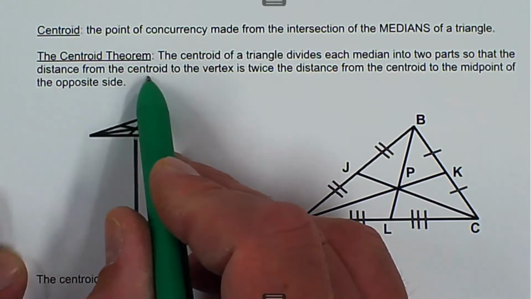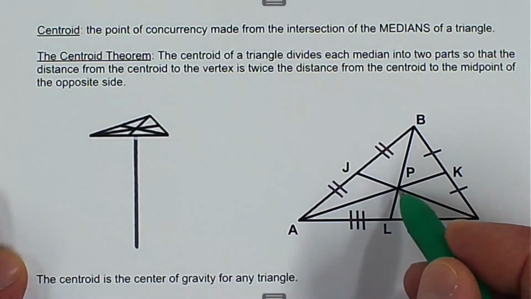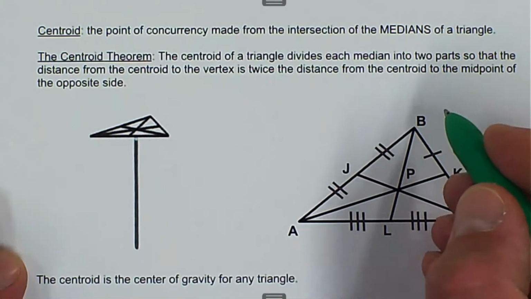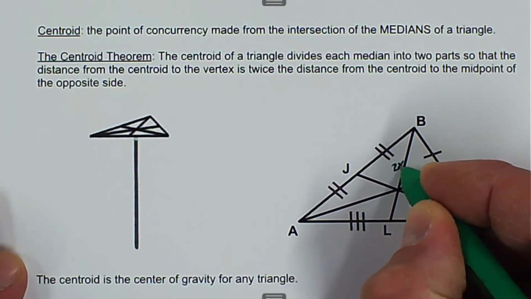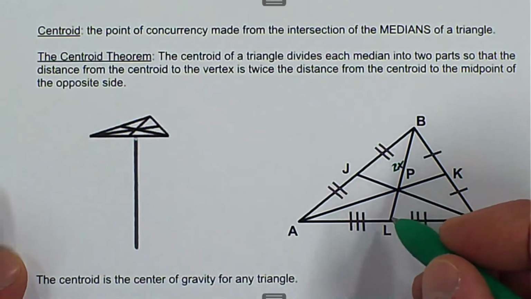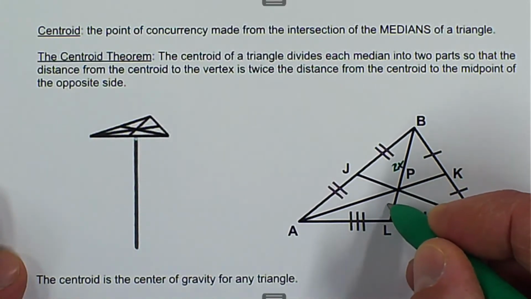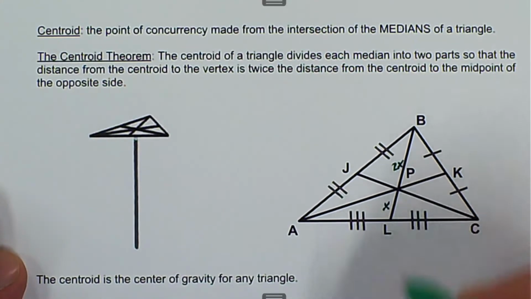that the distance from the centroid to the vertex, so let's look at, here's the centroid right here, the distance from P to B is 2 times whatever the length is from the centroid to the midpoint on the other side. So we're going to just call that one x.